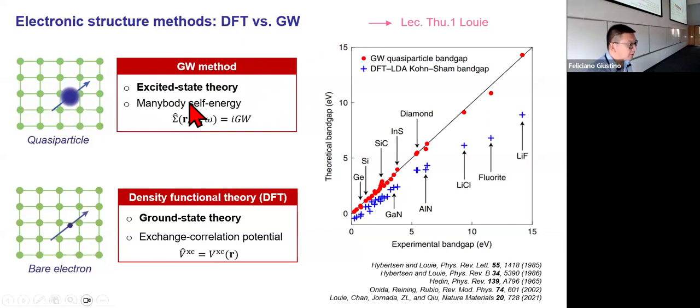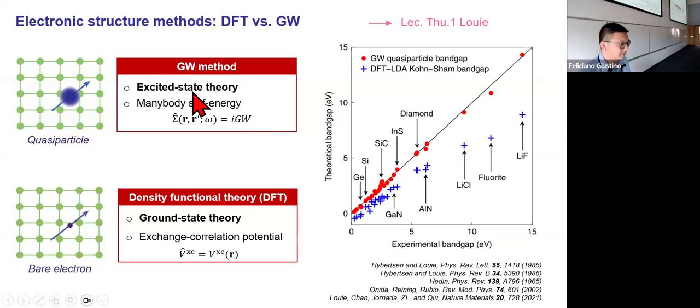In real materials, the many-body interactions can be mapped into this very complex object called the self-energy, which fundamentally is non-local, where you see R and R prime, and frequency dependent. Within the GW method, it's approximated as G times W, hence the name GW method.